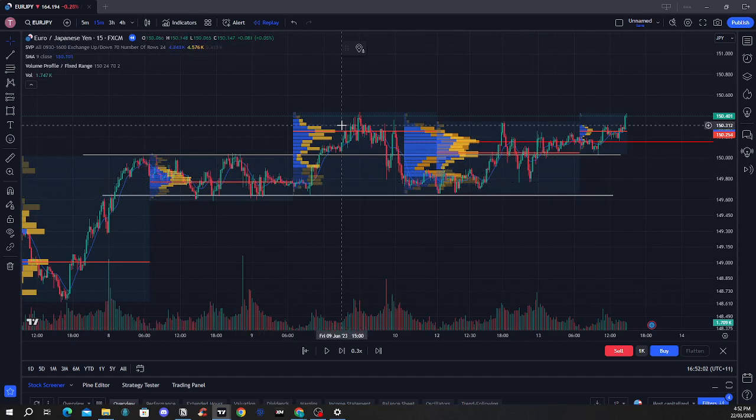We go into a range with a sign of strength, rally, some upthrust actions up here.